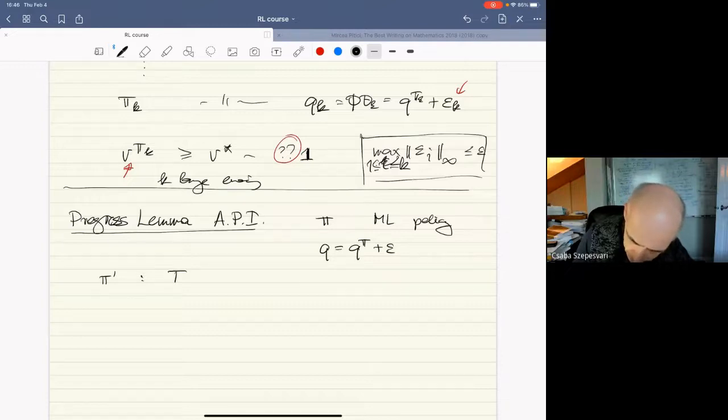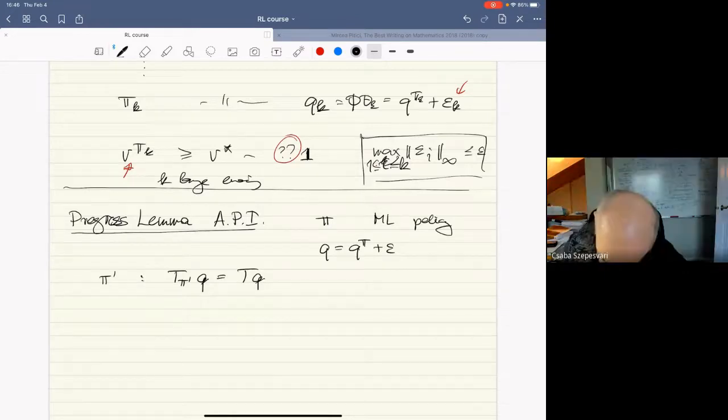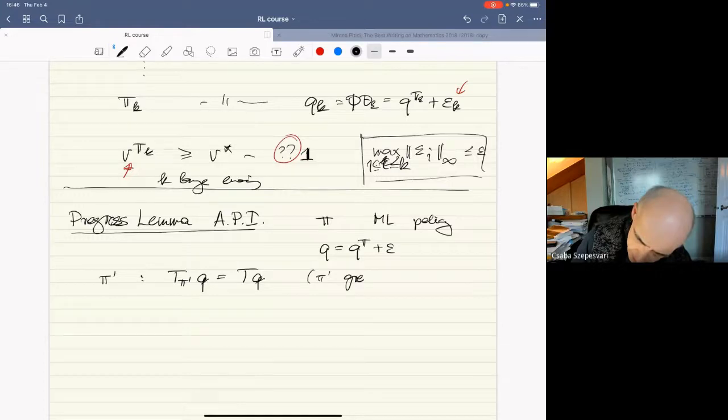So what does it mean? It means that its policy evaluation operator, if applied to q, is the same as what you would get if you apply the Bellman operator, so the maximizing operator. So pi prime is greedy with respect to q.